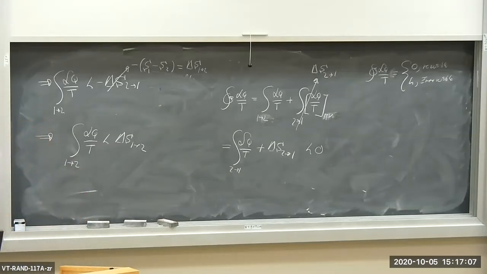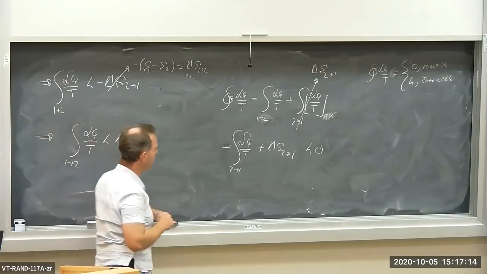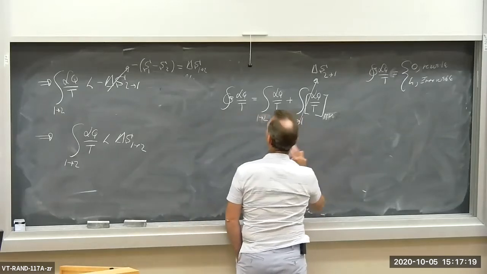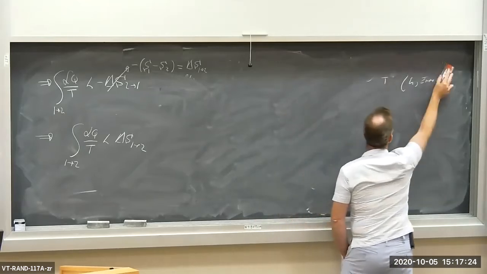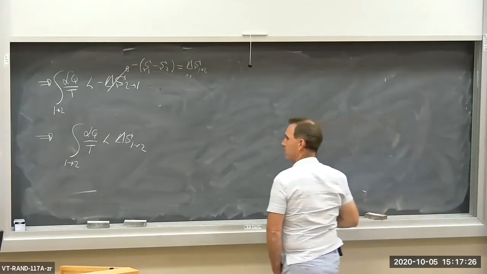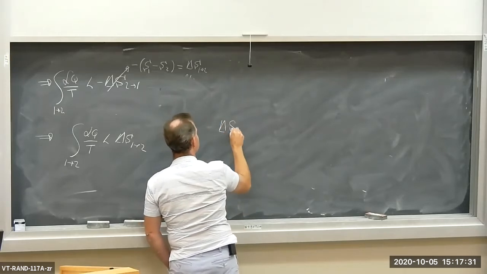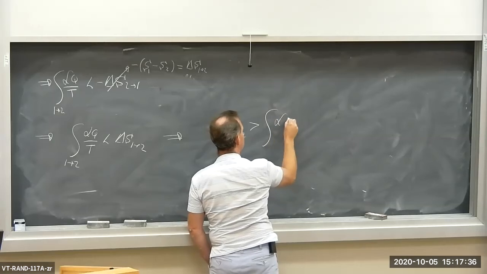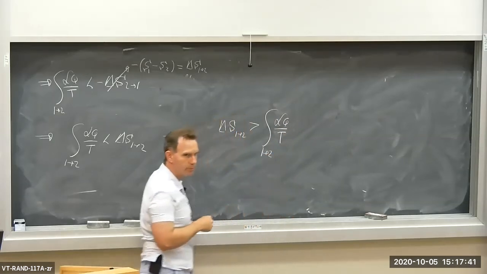Now I'm going to put the change in entropy from state 1 to state 2 on the other side of the inequality, and flip the whole inequality. Delta S from 1 to 2 is greater than the integral of del Q over T from 1 to 2.